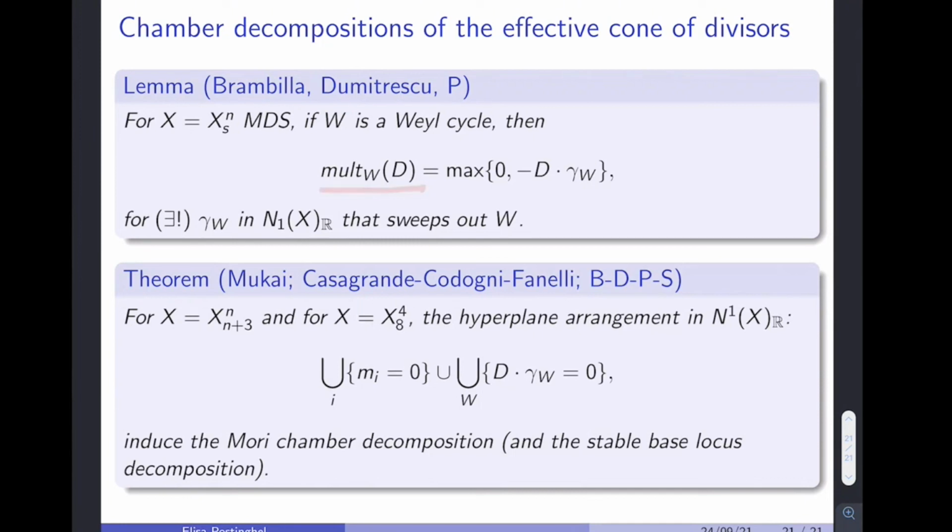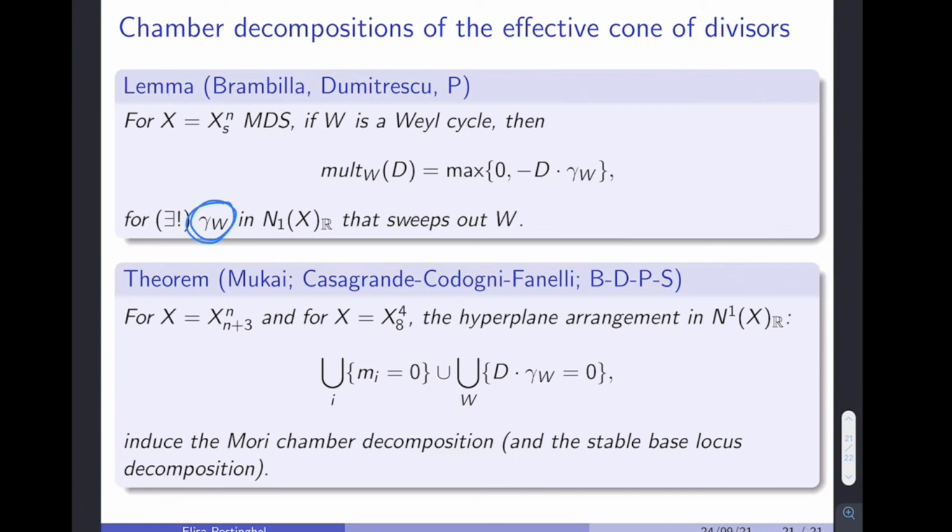And that is computed simply by intersecting D with a curve class gamma that depends on W. And this curve class gamma is a curve class that sweeps out W. It means that if I take the reducible elements with that class, they cover a Zariski open subset of W.